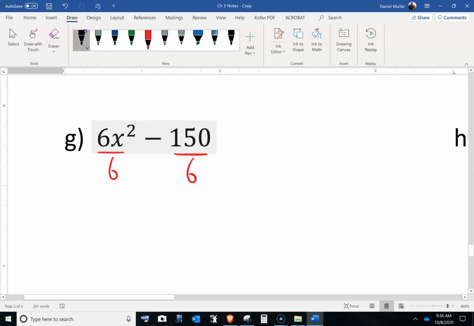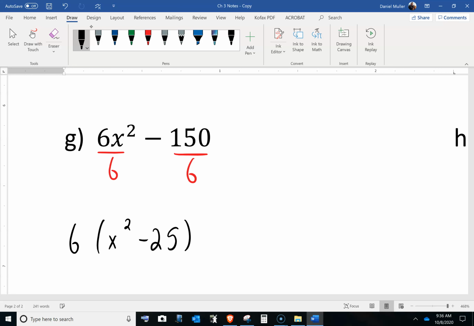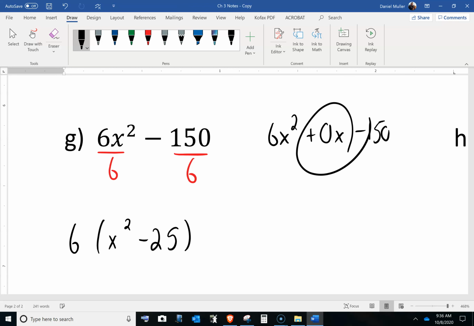So first thing I notice is that there's a 6 in common that I can take out, which would leave me with an x squared minus 25. The other thing I notice is that the middle term is gone. I got the x squared, I got the number, it's the x, the middle one, that I'm just missing. So it must have been a 6x squared plus a 0x minus 150. That's what it was, and of course we didn't write the 0 because 0 times anything is just gone.